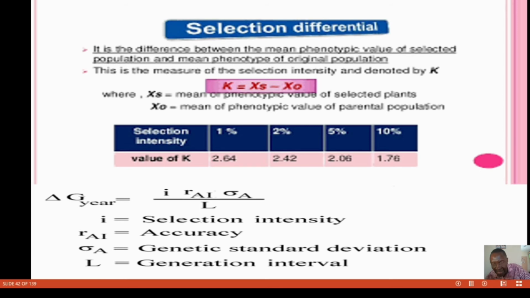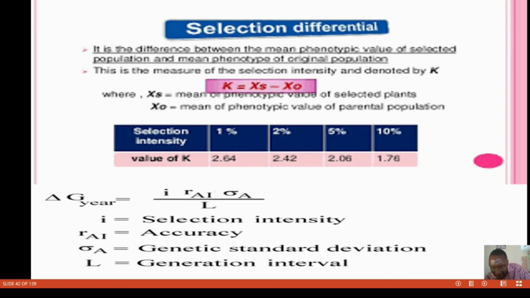For now, when we are talking about the genetic change in a given time, the R sub T we saw here, it is expressed as the intensity, that K, and the R, and the A, and that A is something we'll come to later, and the genetic variance over the L. So we have the selection intensity, which is the small i.